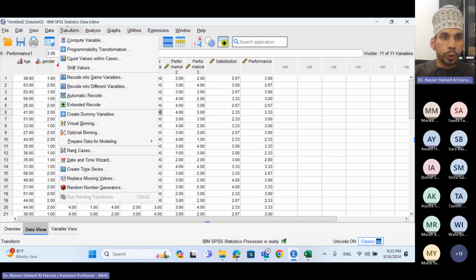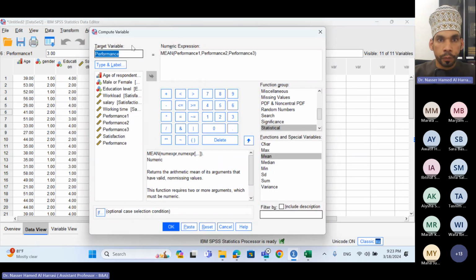Yeah. See, go to Transform up here, then Compute Variables. First, write the target variable. Because the three questions, the three items, measure performance, we write here performance.